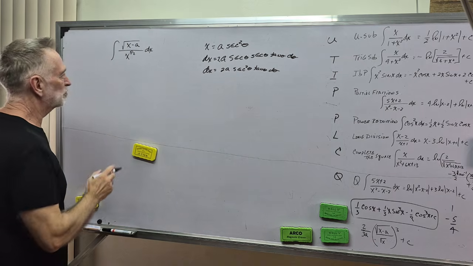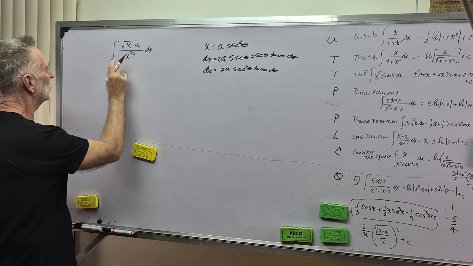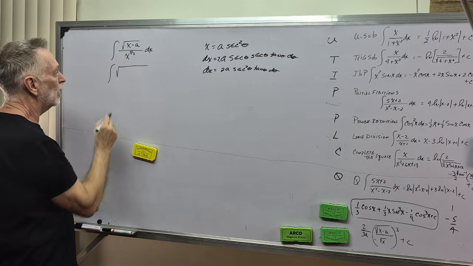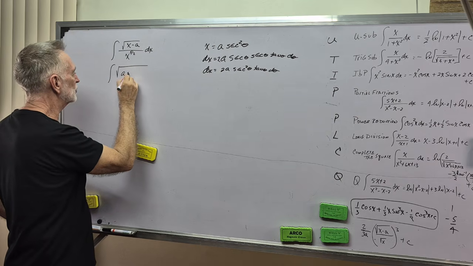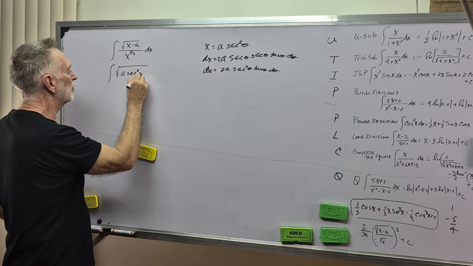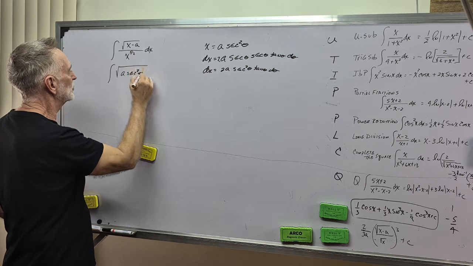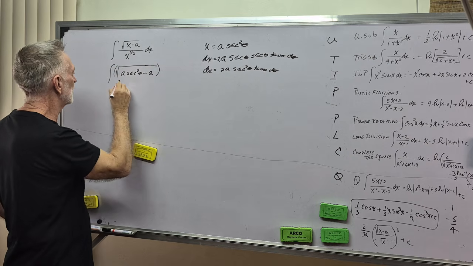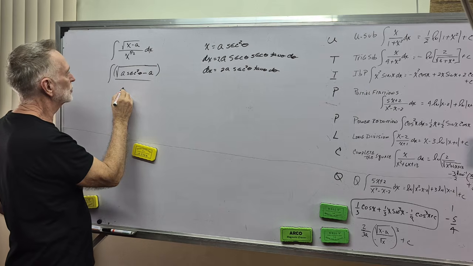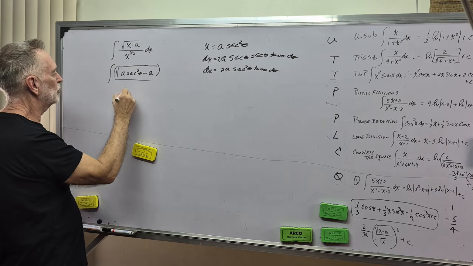All right, so let's plug in the blanks here. We have the integral of the square root of x, which we said was a secant squared theta. That's x minus a, square root all of that, over x to the 5 halves. So we're going to break it into 2 pieces.